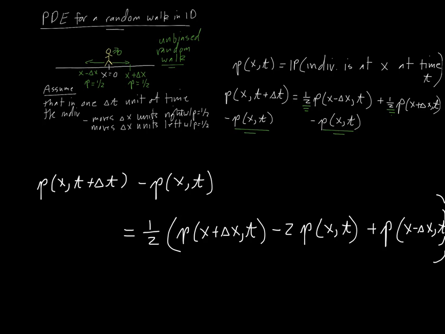Okay, now the next thing again, and we didn't do anything other than rearrange terms here and pull out a half. The next thing that we'll do, again, seems like a sleight of hand until you see how useful it is. What we're going to do here is we're going to divide both sides of the equation by delta t. Okay.